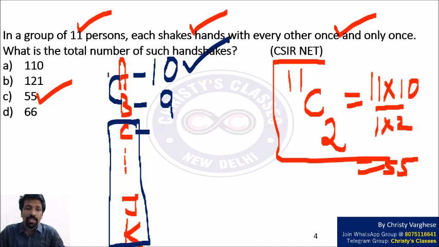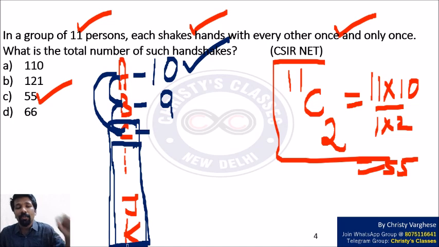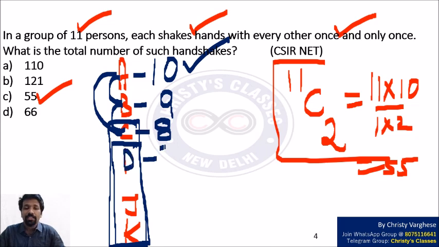Now think about C. A already shook hands with C. B already shook hands with C. That means C only has to handshake with the remaining 8 people, excluding A, B and C himself. So that means 8 handshakes by C. Similarly D will handshake 7 times, E will handshake 6 times, up to the last person K, who will handshake 0 times, because all others already came and shook hands with K, so K doesn't have to go anywhere.